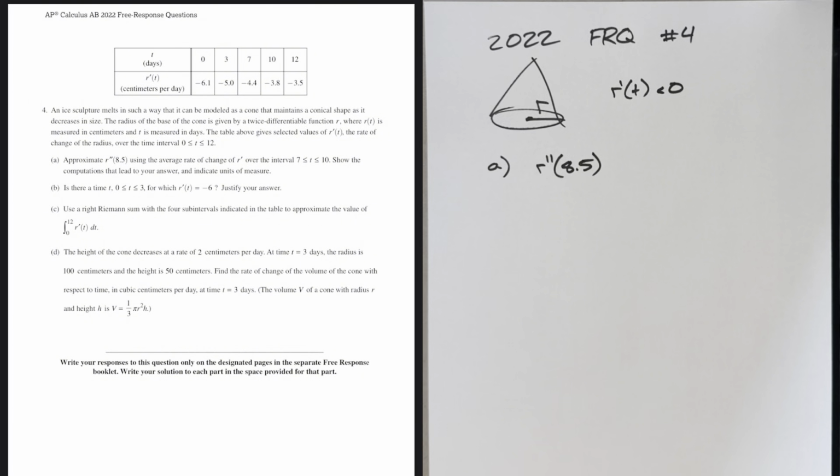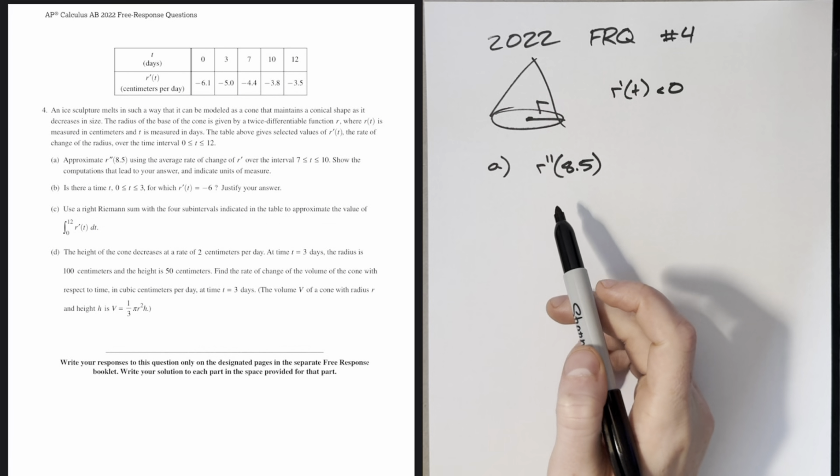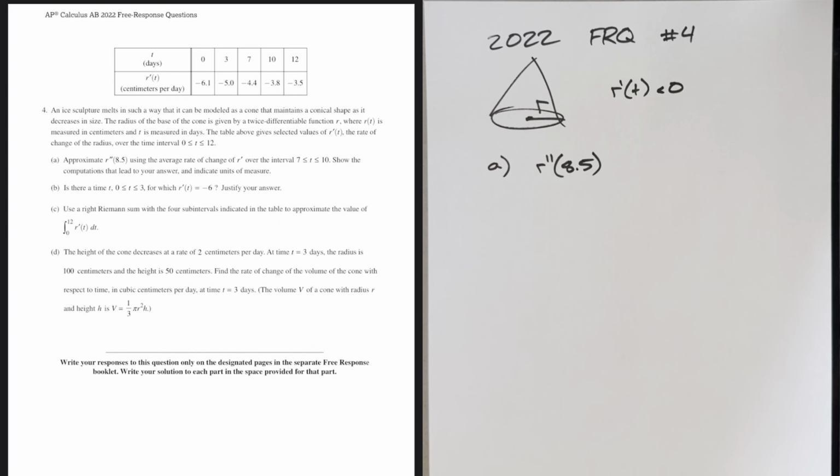Okay, so this is the big takeaway that I have from these types of questions. This is a mean value theorem question, because mean value theorem talks about if over an interval we're continuous and differentiable, there must be a point where our instantaneous rate of change equals our average rate of change.